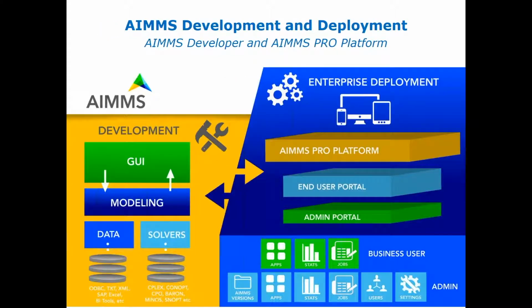So in that respect, we have the AIMS development part, which is the part on the left that I presented before, but once the applications are developed, we can also deploy them in the AIMS Pro platform, which is a client-server architecture where different users can just launch applications from a central server, and there is an advanced way to do user management and application management.